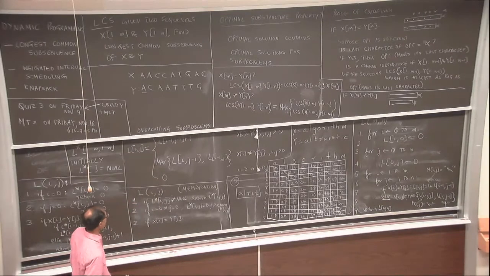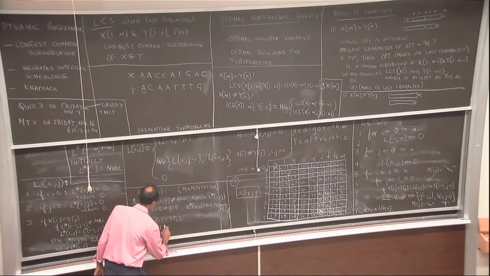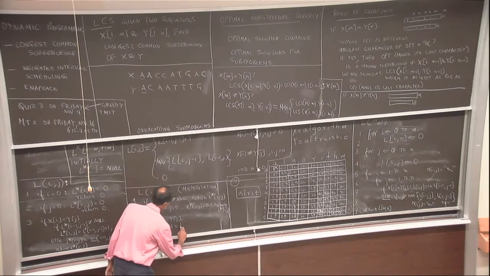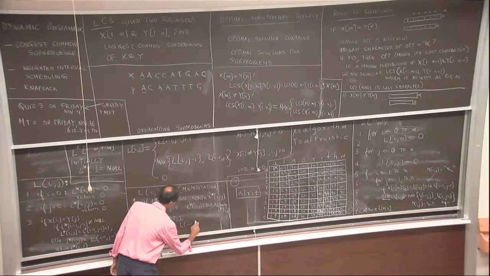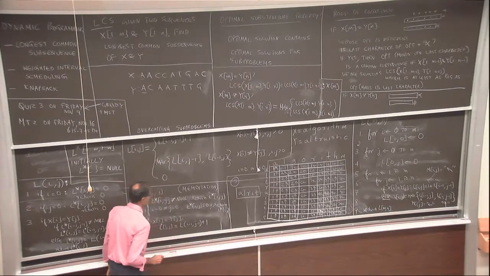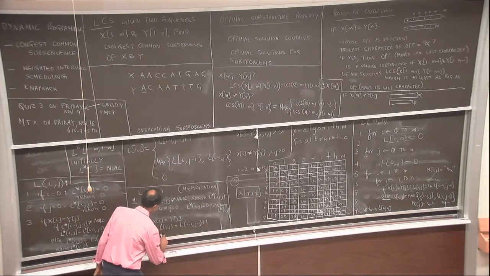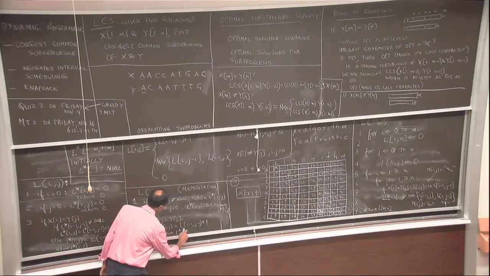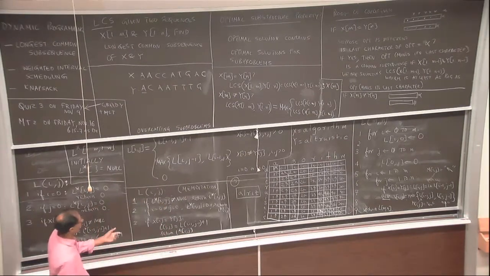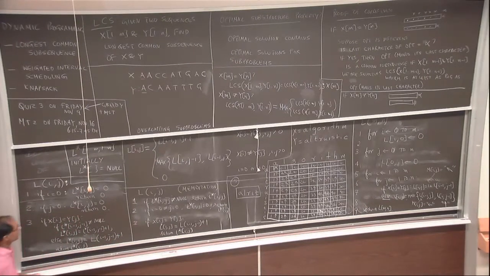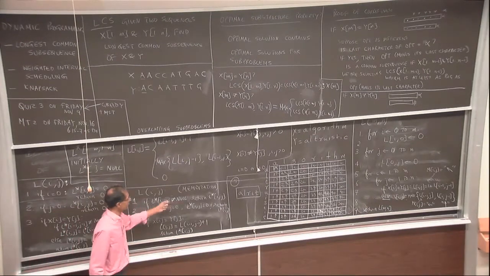If xi equals yj, what do you do? You do L star ij equals L(i-1, j-1) plus 1, and then you return. I'm only writing one case. So in this case, the check for null you only do at the beginning.